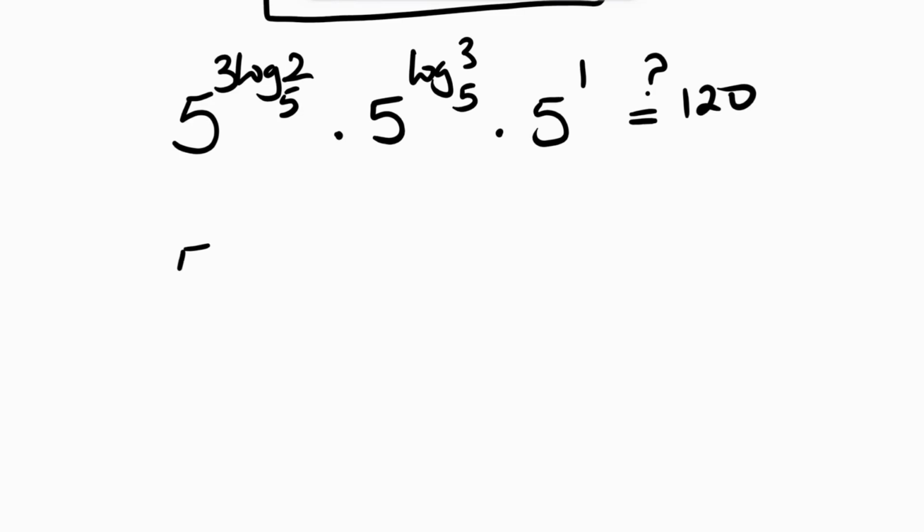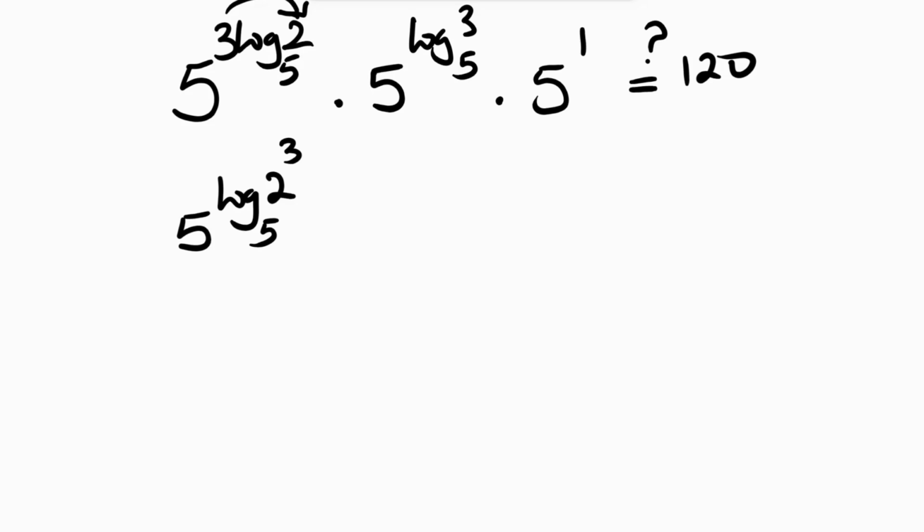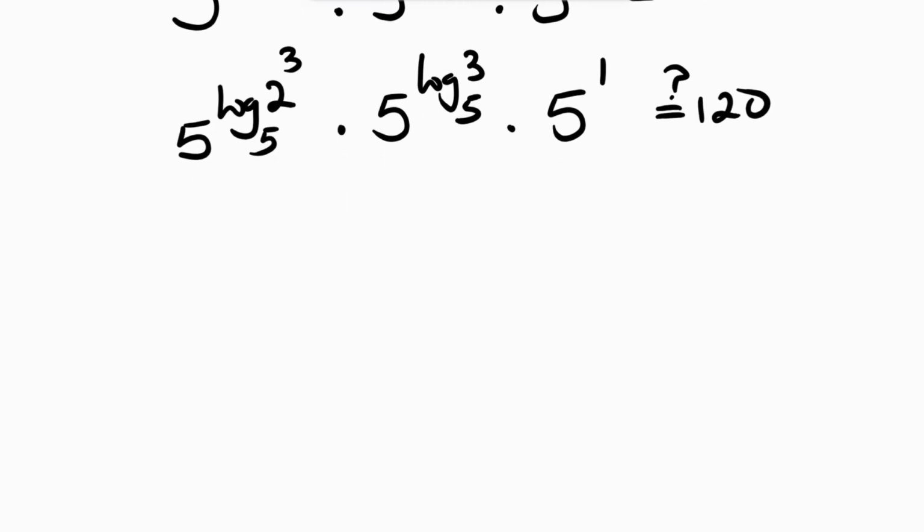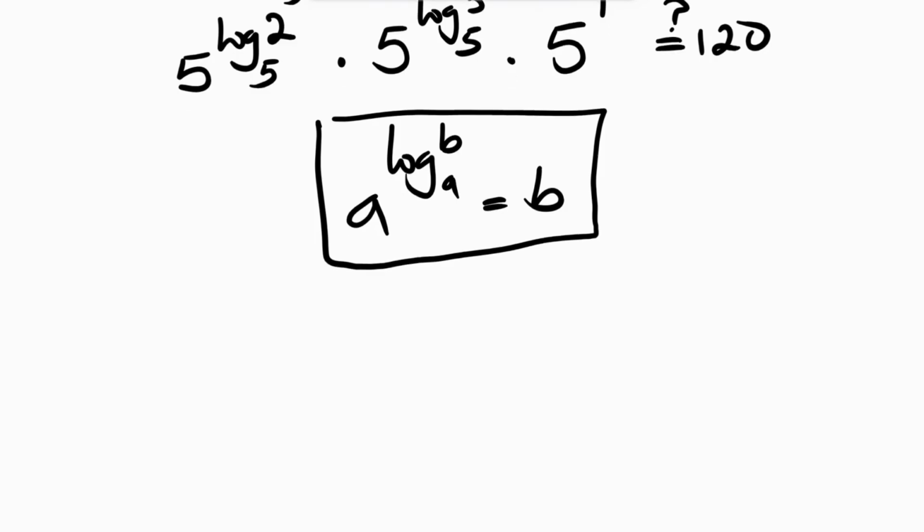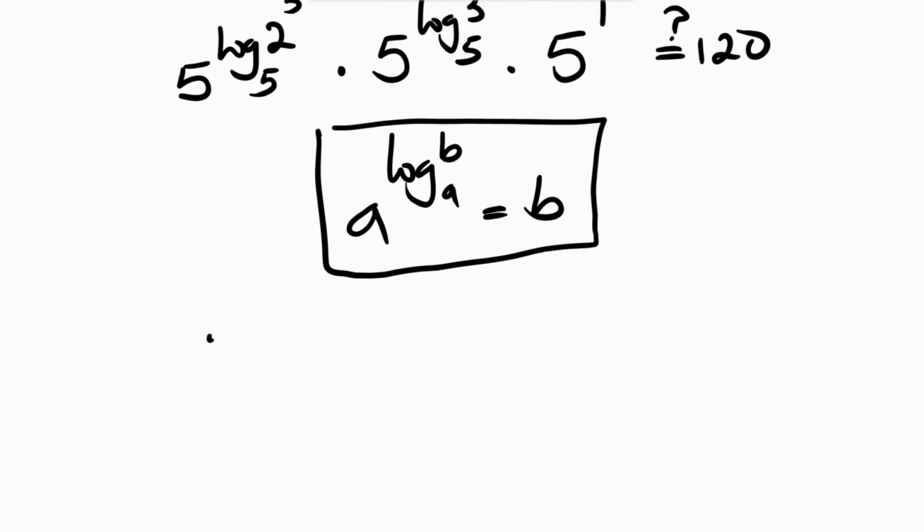This becomes 5 raised to the power log of 2 raised to the power 3 base 5, as the 3 moves up here, times 5 raised to the power log of 3 base 5 times 5 raised to the power 1. We know that a raised to the power log of b base a is b. So applying the same rule, this now becomes 2 raised to the power 3 times 3 times 5 times 1, which is 5.